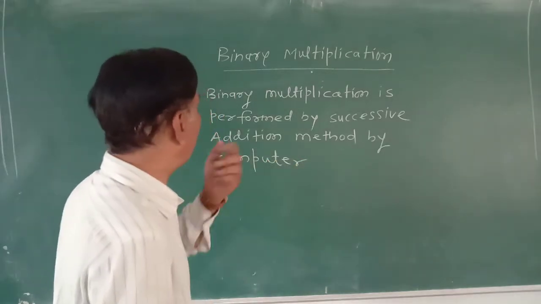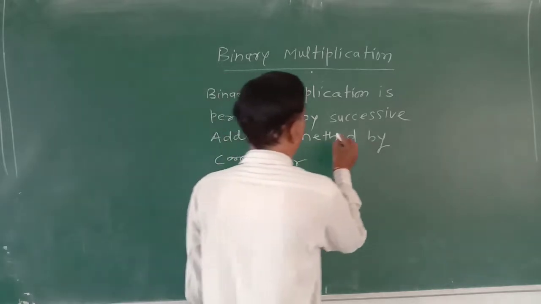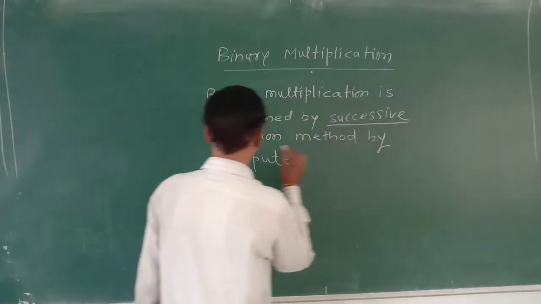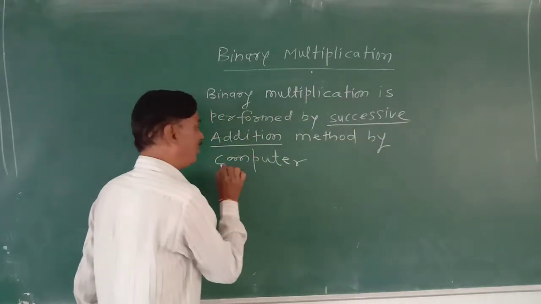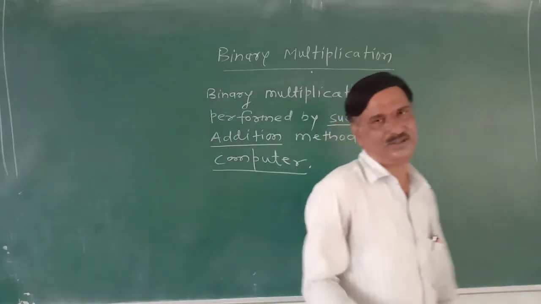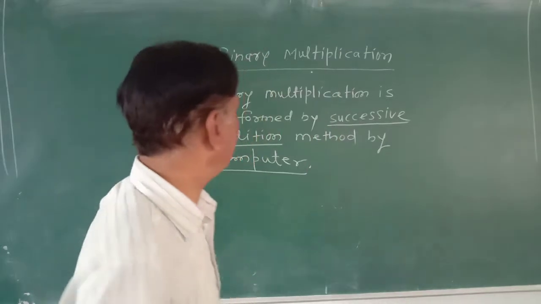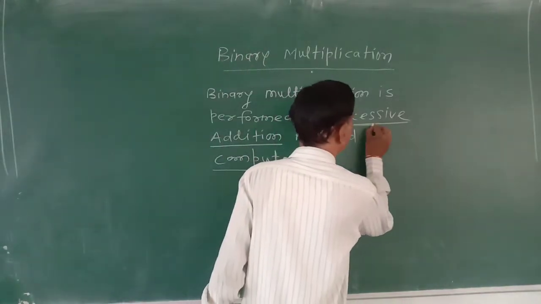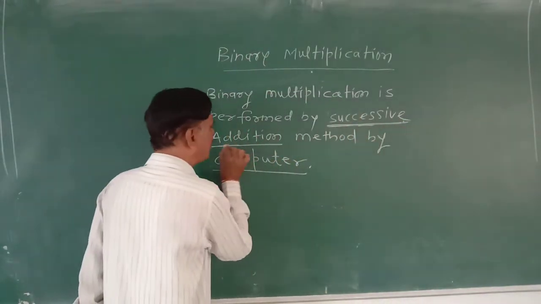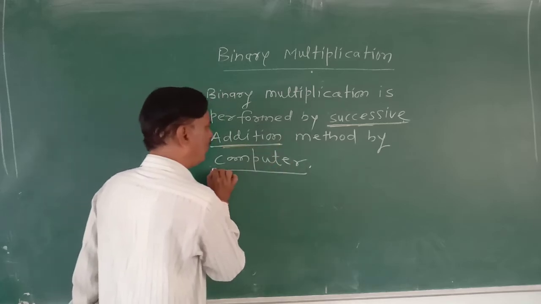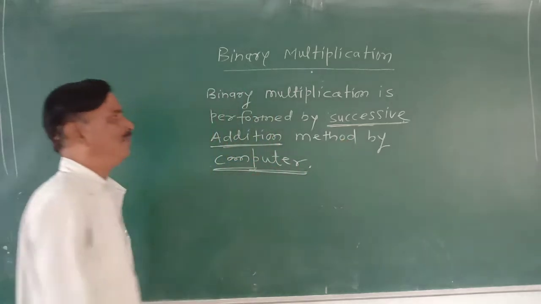So binary multiplication is performed by the successive addition method, but by the computer. Don't forget this. We are naturally talented, we can perform it our way, but the successive addition method is used by the computer, not by us.